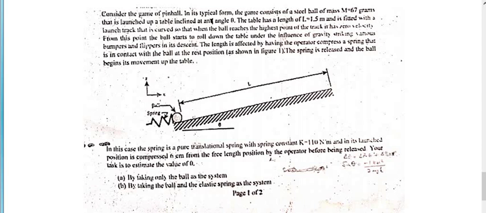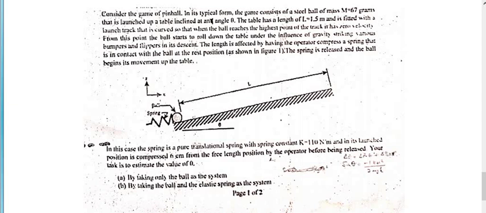The launch is effected by having the operator compress a spring that is in contact with the ball at the rest position, as shown in the figure. The spring is released and the ball begins to move up the table.